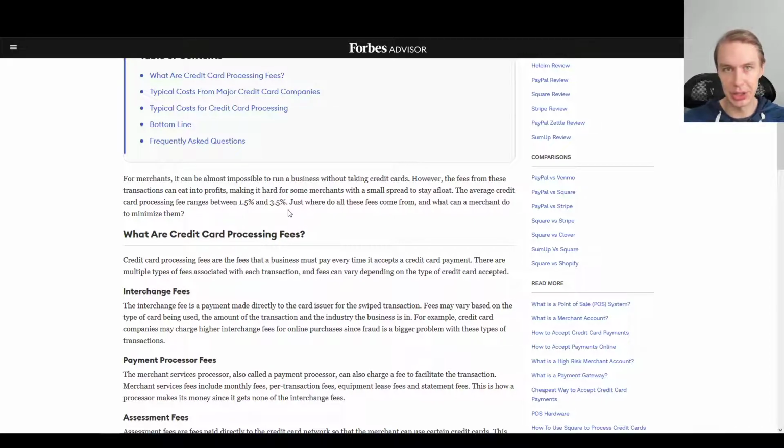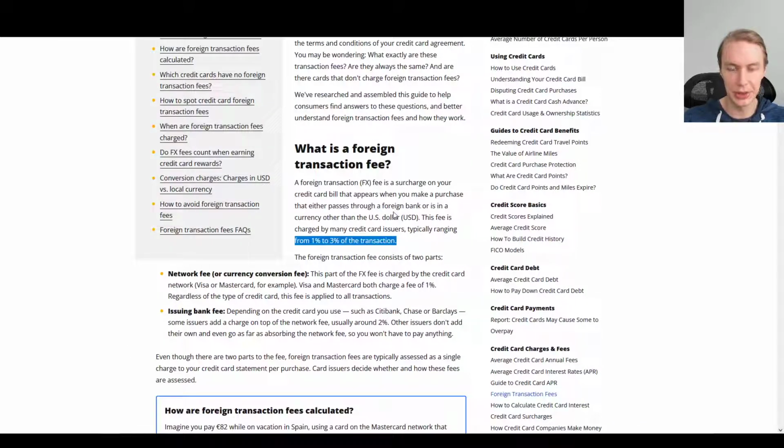Now, of course, as I mentioned in a previous video, things would have to be done to make consumers want to use this instead of credit cards, but I think that might be possible. And one of the other things that I think is useful about crypto as a payment rail over something like credit cards, and this is more something on the user side, is that, now this is a more niche thing, but I still thought it was interesting to think about, if you're traveling internationally, if you have experience doing that, many credit cards that are out there will charge you extra to use the credit card in a foreign country.